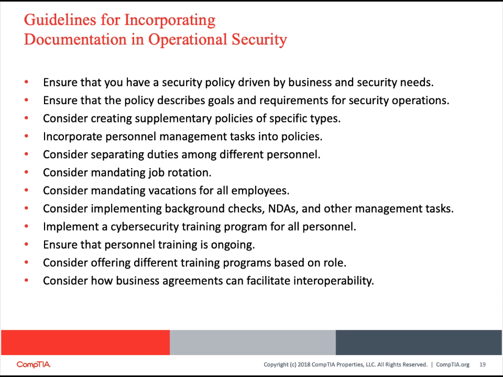We're going to want to incorporate management tasks in our security policies. Personnel management tasks into our policies because we want to make sure that we add management controls in addition to our technical controls, right?